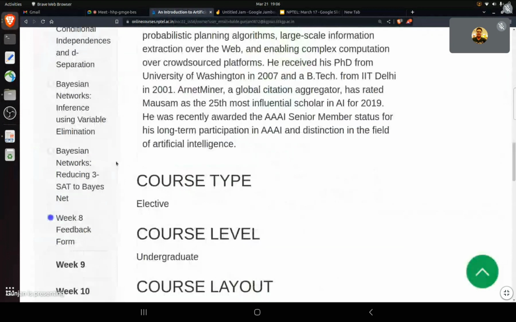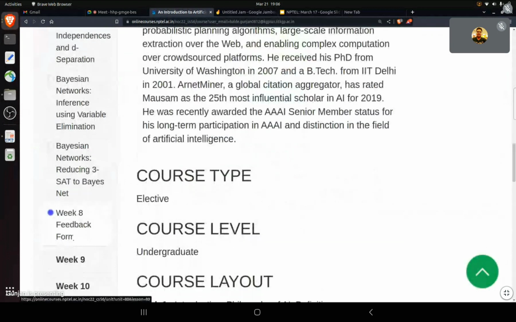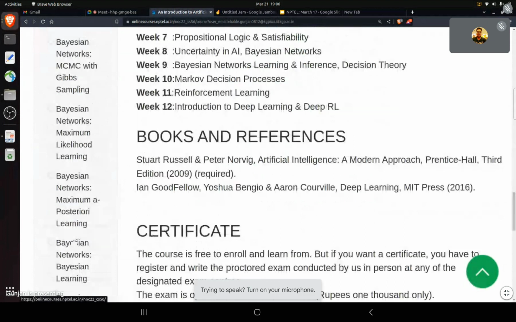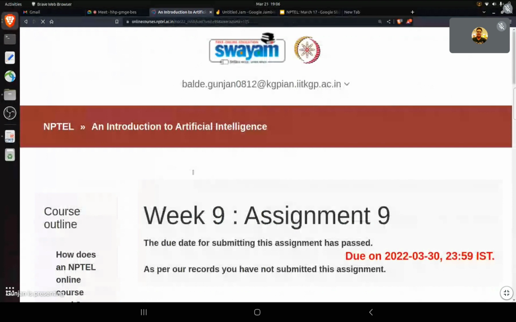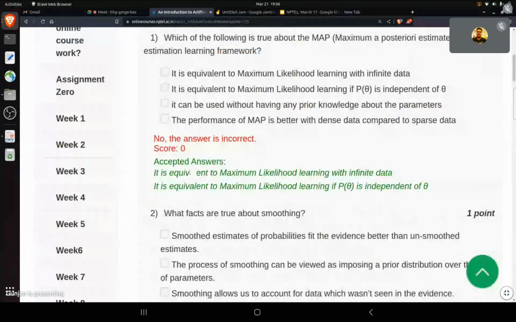In week 9, are there any Bayesian network-based questions we can solve?